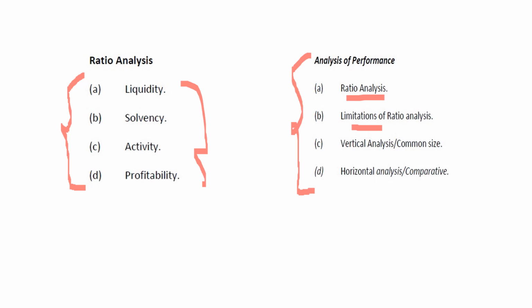This is similar to topic 2 that we just did, the limitations of the financial statements. We have the two types of analysis that you could do: vertical and horizontal analysis. Horizontal is when you want to compare one year with another year or one company with another company, and vertical analysis is when you are comparing the figures in the same year.